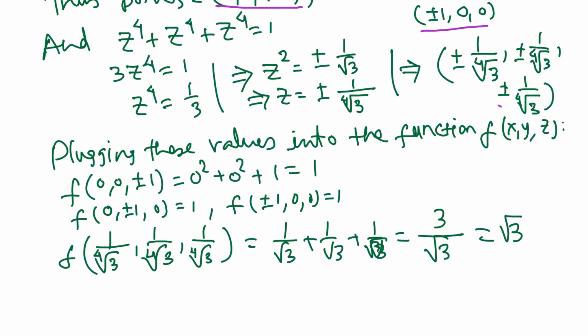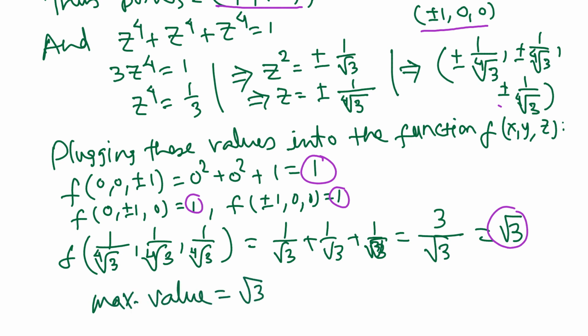So we got 1, 1, 1 and root 3. Out of these four values, root 3 is the maximum and 1 is the minimum. So the max value is root 3 at this point, and the min value is 1 at a bunch of points here. Final.